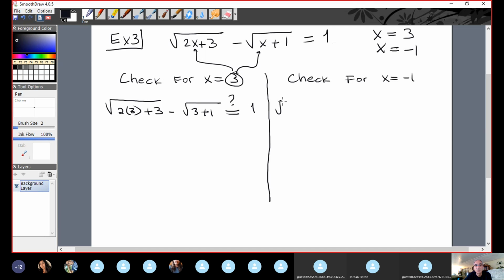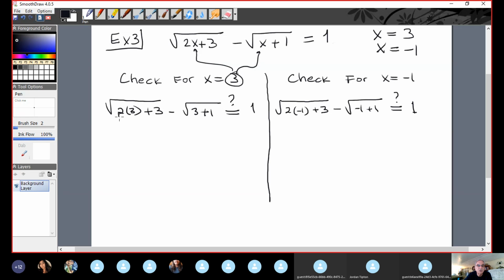Likewise, square root of 2 times negative 1 plus 3, minus square root of negative 1 plus 1, should be 1. And let me see whether the statement is true: one true, one not true, or both false. I don't know.